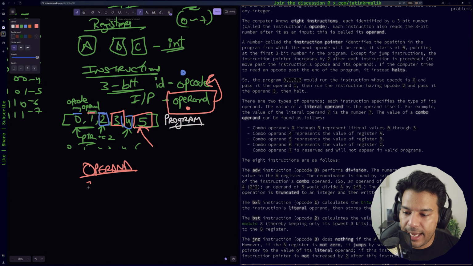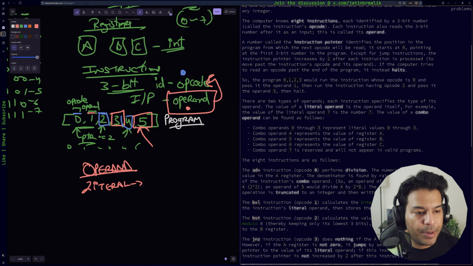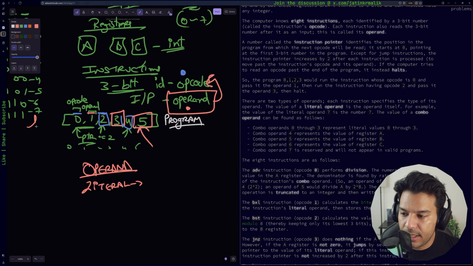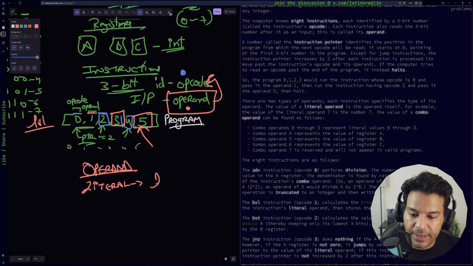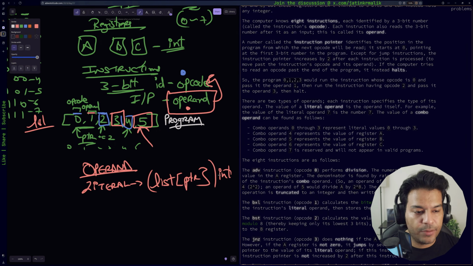There can be a literal operand, and a literal operand is the operand itself. For example, the value of the literal number 7 is the number 7. Oh, I see. So whatever the list at the pointer value gives, you will just directly parse that as an int value and return that.